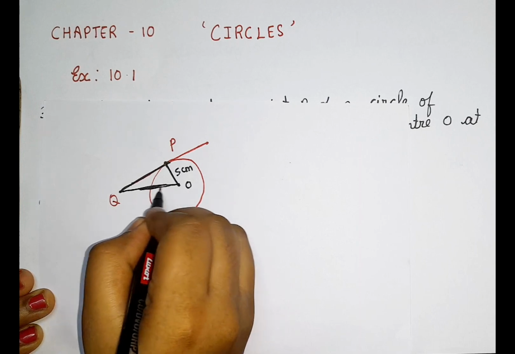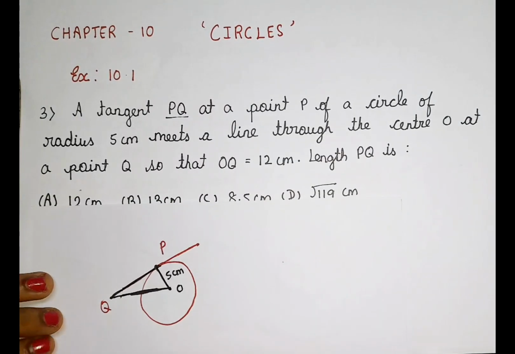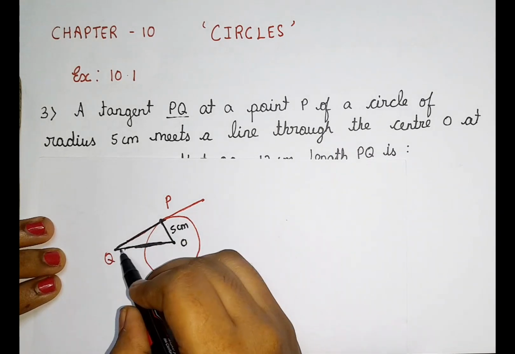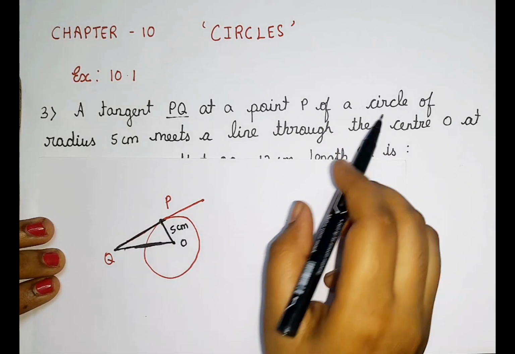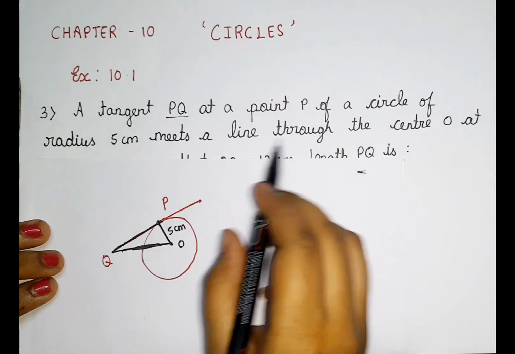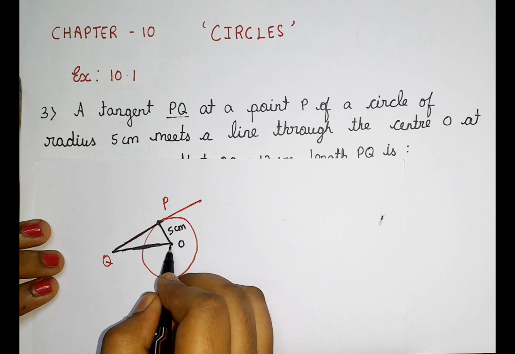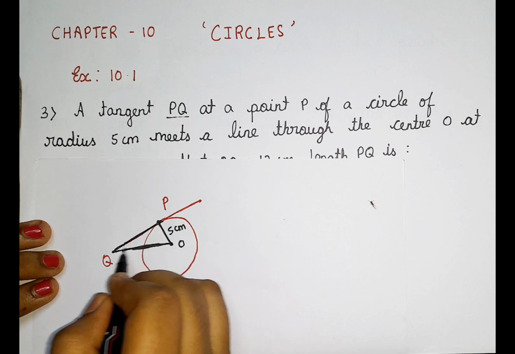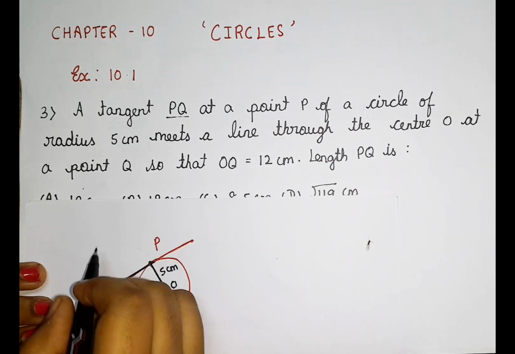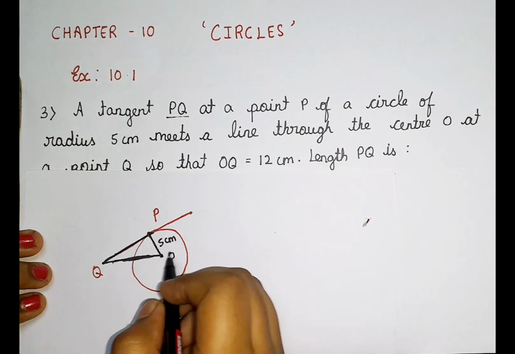Now you understood, right? I will read again. A tangent PQ at a point P of a circle of radius 5 centimeter meets a line through the center O. This is the center O and it meets a line like this at a point Q, so that OQ is 12 centimeter.